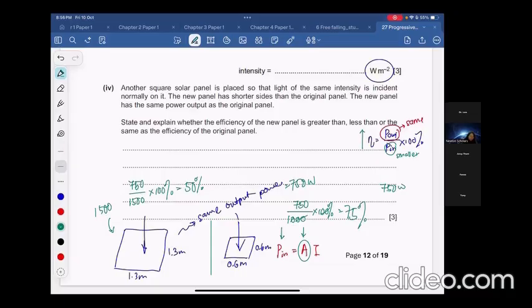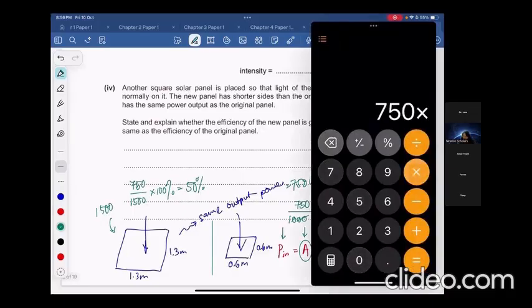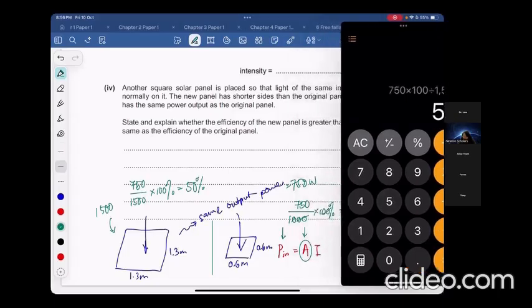Ask me questions faster before I proceed. Oh, this one, it is 750 times 100 divided by 1500. It's 50%. Yeah, it's 50%.